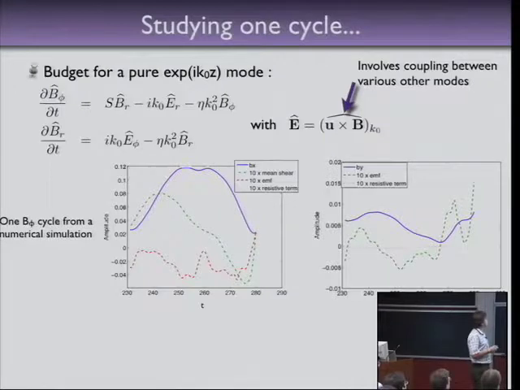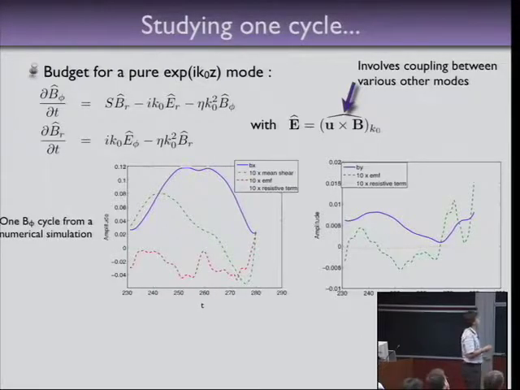So this is the evolution of each of these terms in one simulation. This plot here corresponds to this equation here. The blue curve corresponds to the evolution of B phi, so you have one cycle. The green line here corresponds to the shear term. When the shear term is positive, it means that you are creating some large-scale B phi.